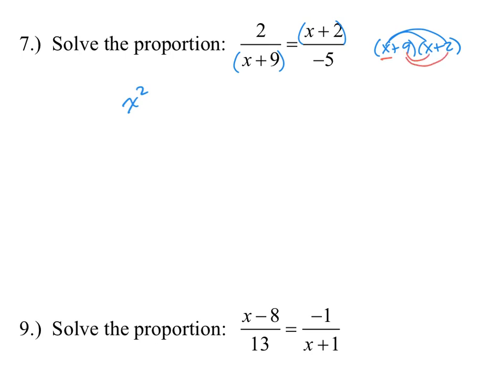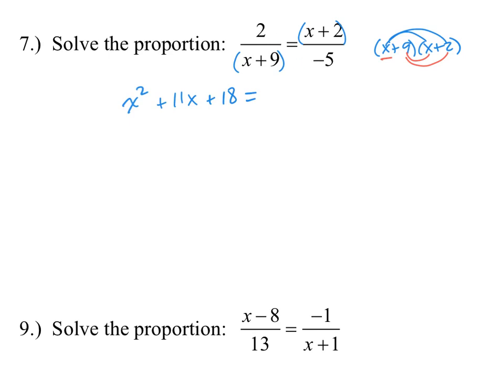So remember, the product of the outside terms was 2x. The product of the inside terms is 9x. 2x plus 9x is 11x. So we're going to write plus 11x, and then we multiply 9 times 2. That gives us 18. So plus 18 is equal to the product when we multiply these two numbers.